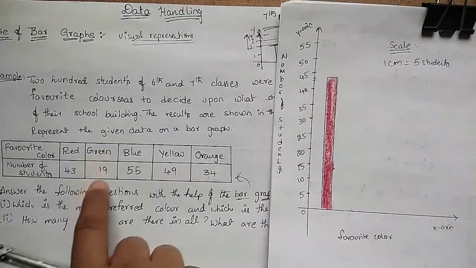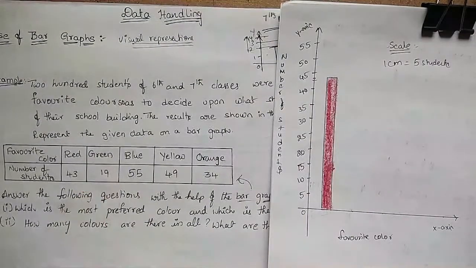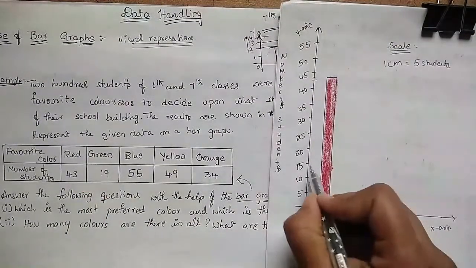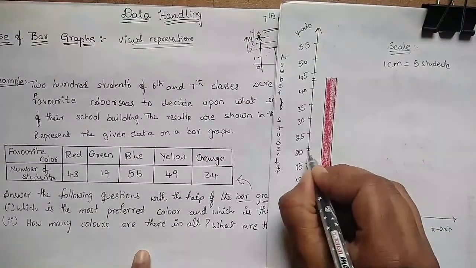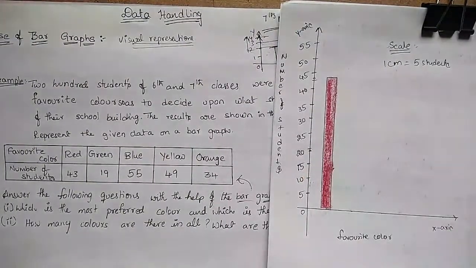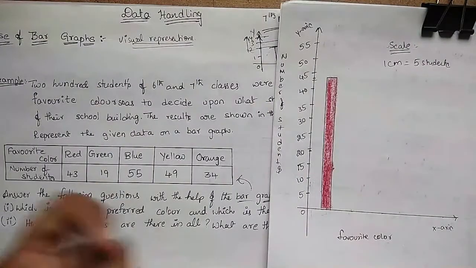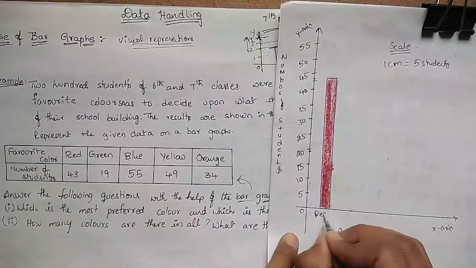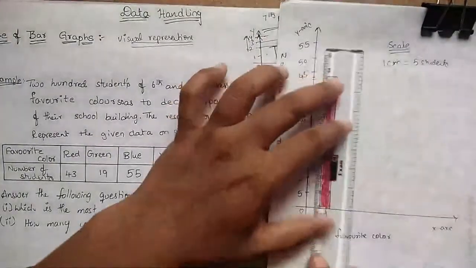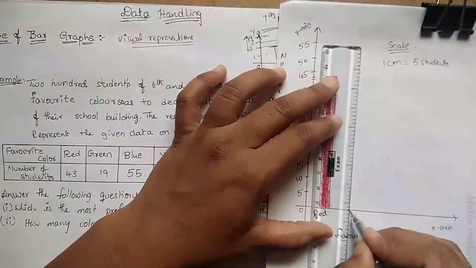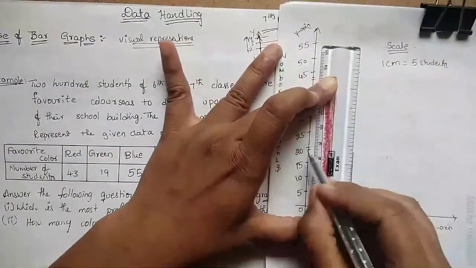Next, going to the green, 19. 19 is nothing but this was 10, 15, 20. So 20 is just more than 19. So here, take it as green. So this was red. Next, you take another point. Put the scale there. Next, mark up to 19 like this.